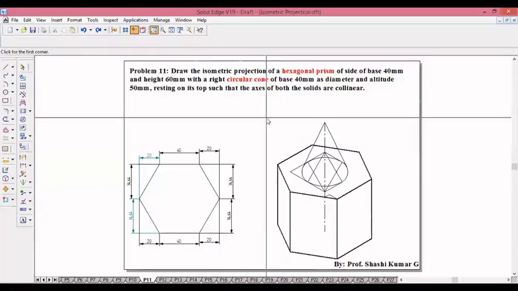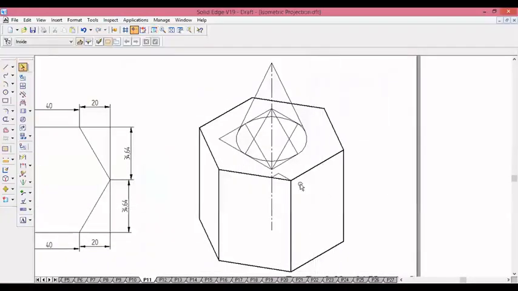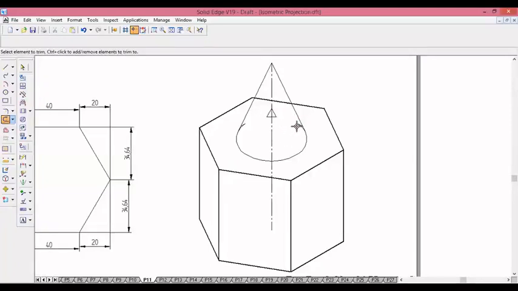Make use of the zoom command to trim the small lines also. The interior part of the cone is going to be invisible, so the arc which is coming inside the cone we need to trim.